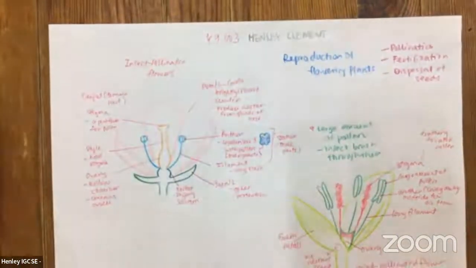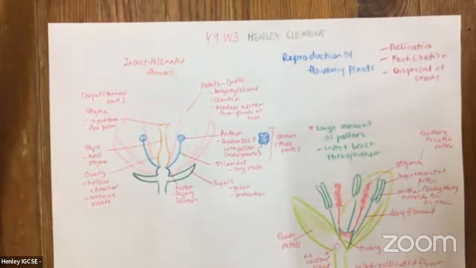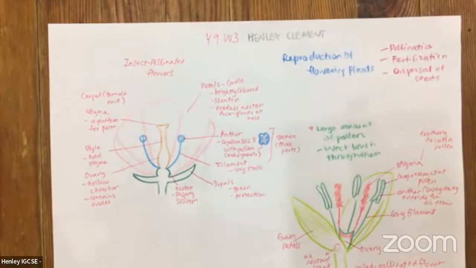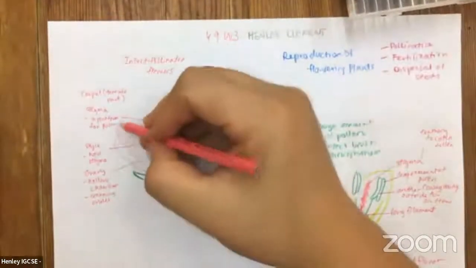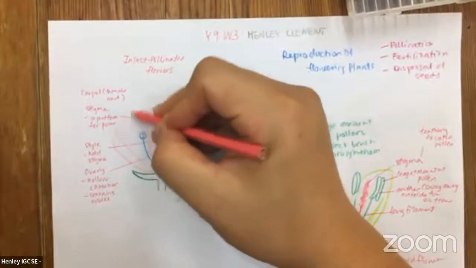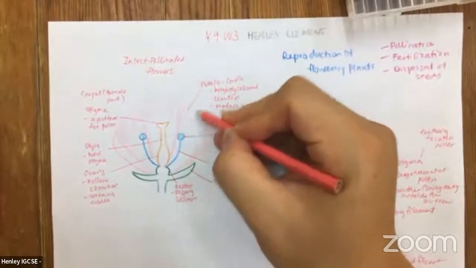So this is a nice flower. Can you see this pink color? I colored it pink. This pink color is the petals.